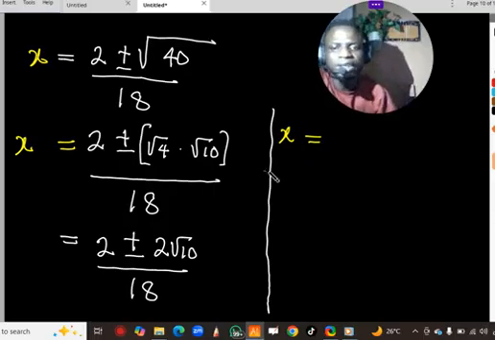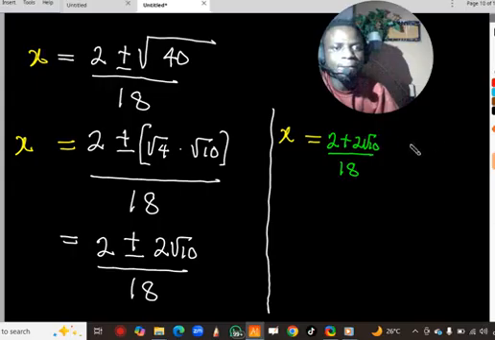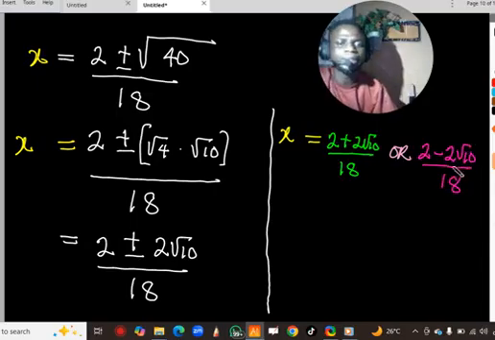So x is either 2 plus 2 root 10 over 18, or 2 minus 2 root 10 all divided by 18. I think it's better this way.